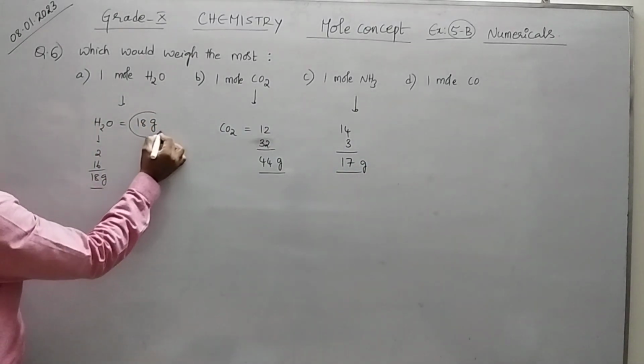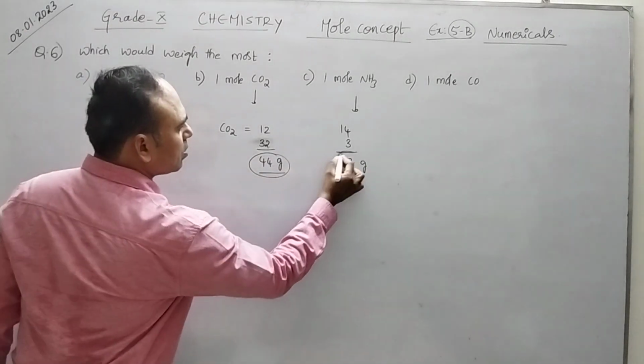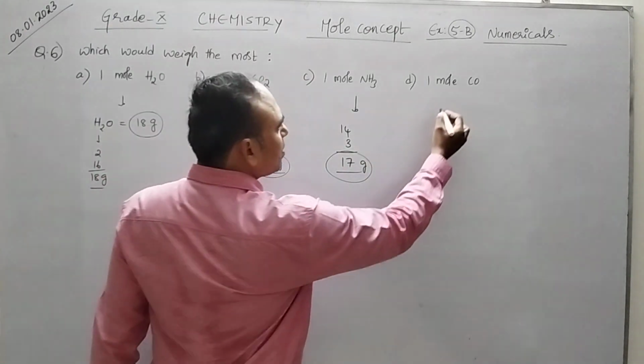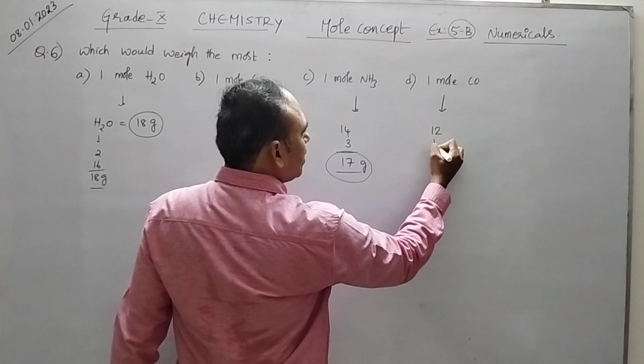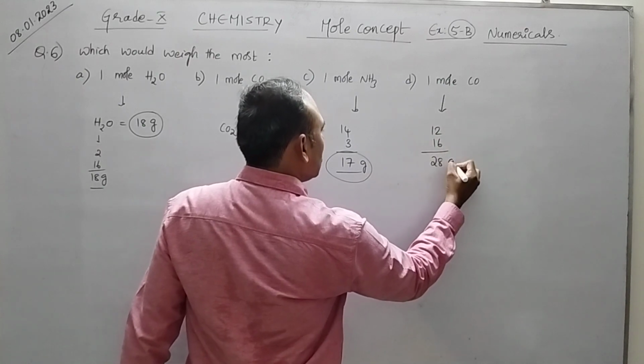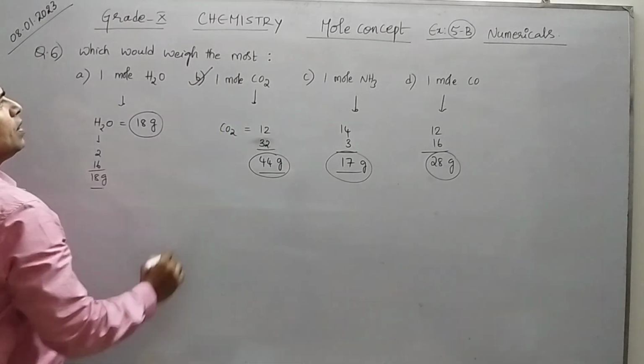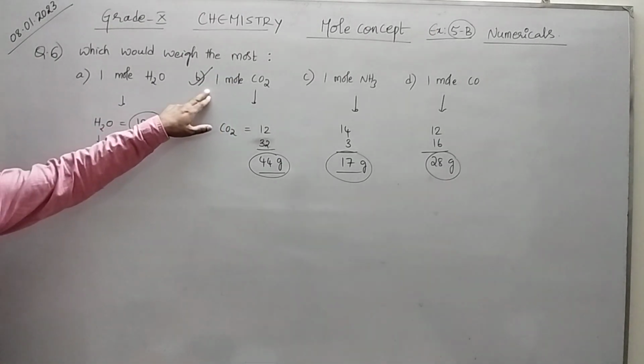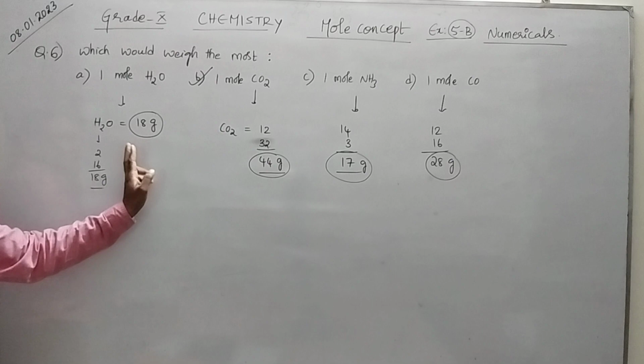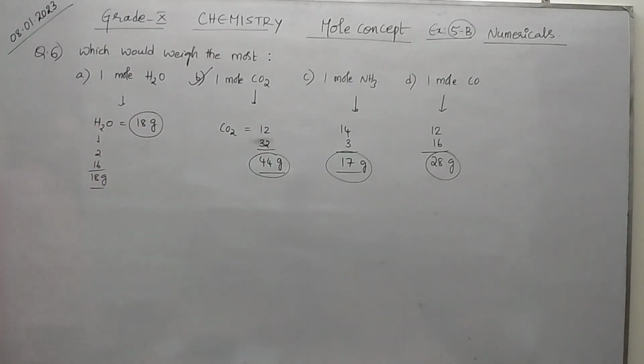First one 18, second 44, third 17, and the last one carbon monoxide 12 and 16, nothing but 28 grams. So looking at this, you can easily identify that the weight of 1 mole CO2 is maximum here and the least is NH3. Now let us move to question number 7.